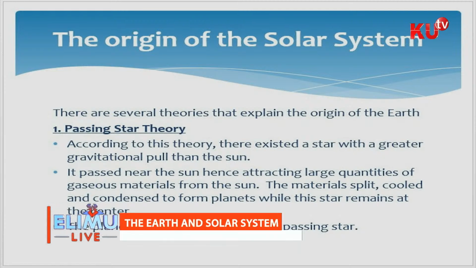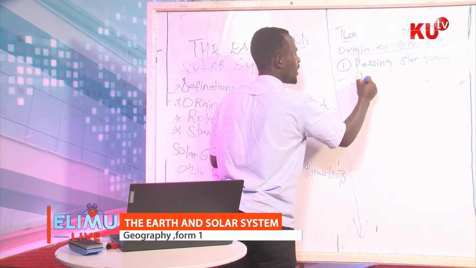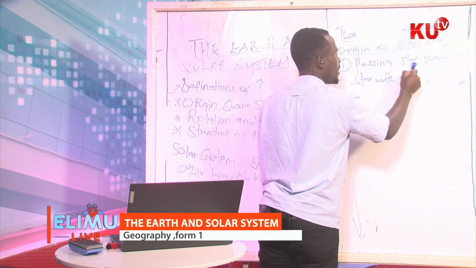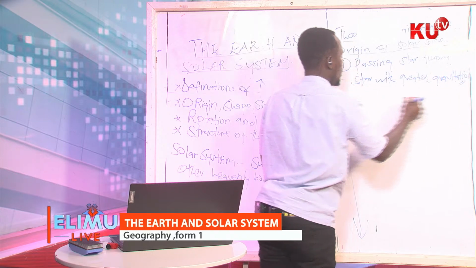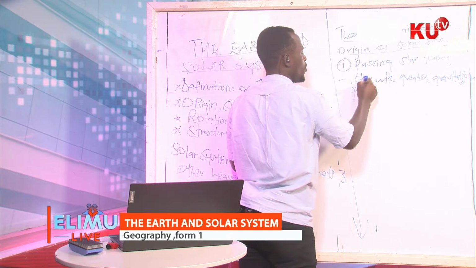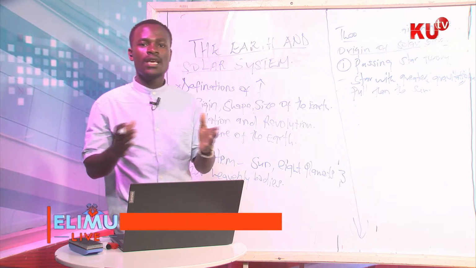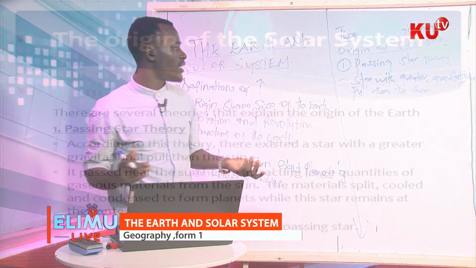According to the passing star theory, there existed a star with a greater gravitational pull than the sun.